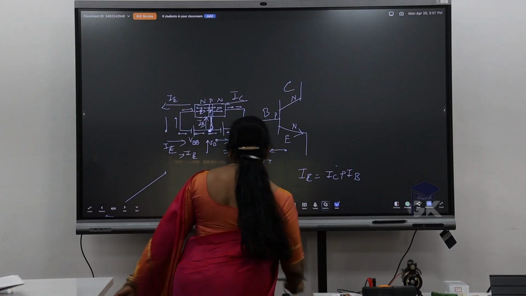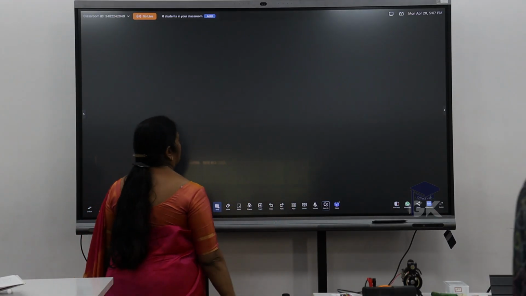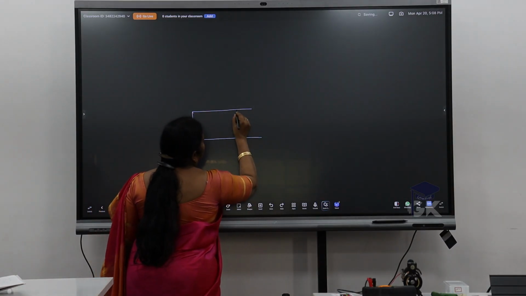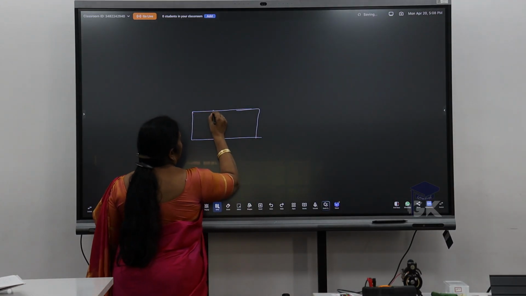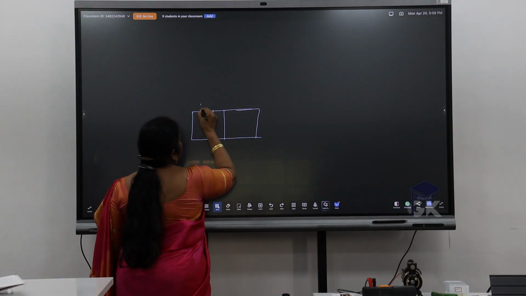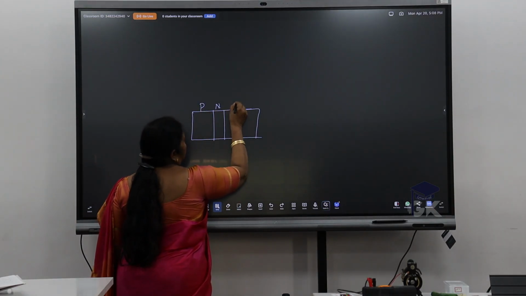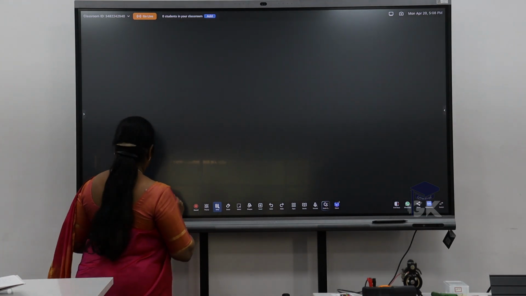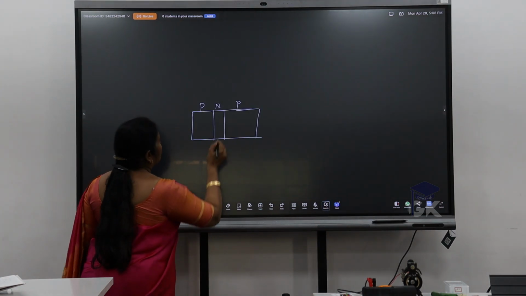Similarly, go for a PNP transistor. How does it look like? P-type semiconductor, N-type, and collector. This is PNP. Which terminal is this?